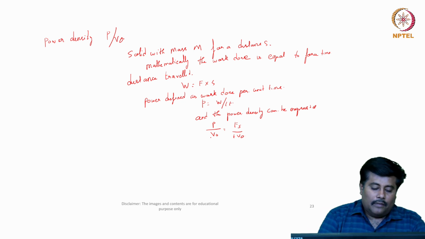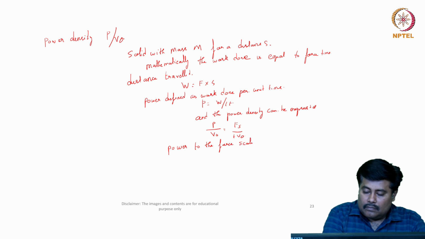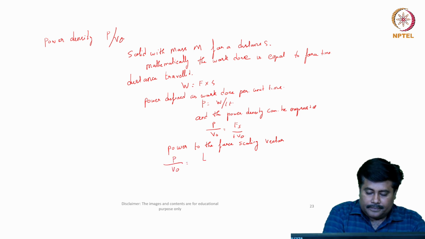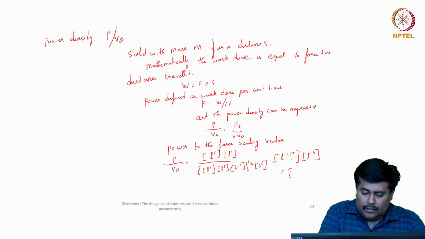So, when we try to relate this power density to the force scaling vector, it can be represented as P by V naught equals LF L1 by L1 L3 L minus 1 by 2 L3, which can be further represented as F L minus 4, LF 1.5 L minus 4.